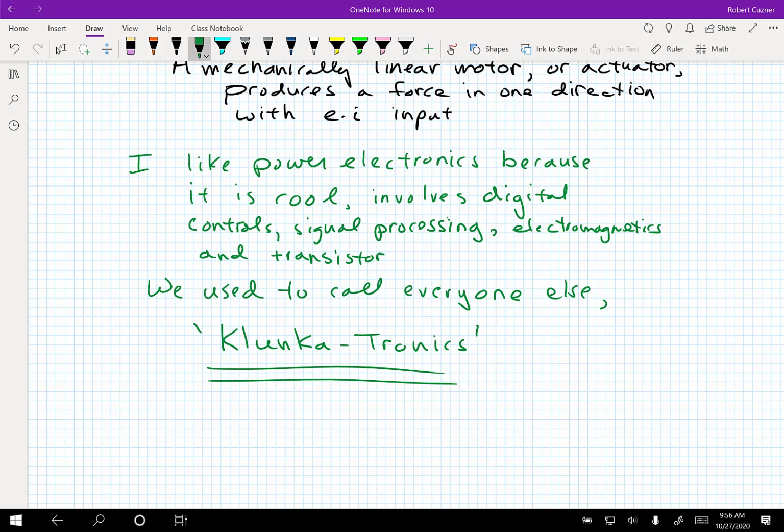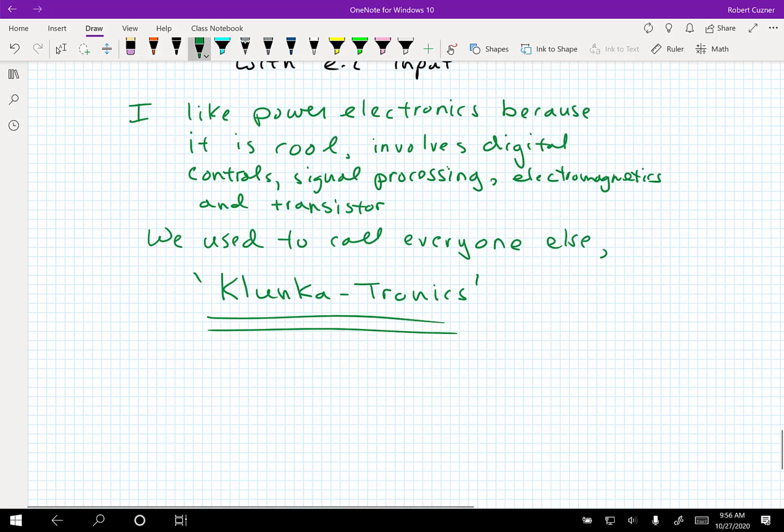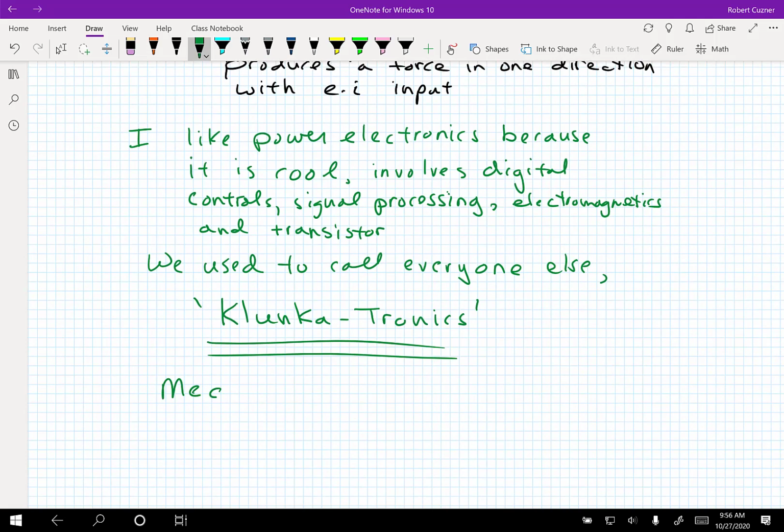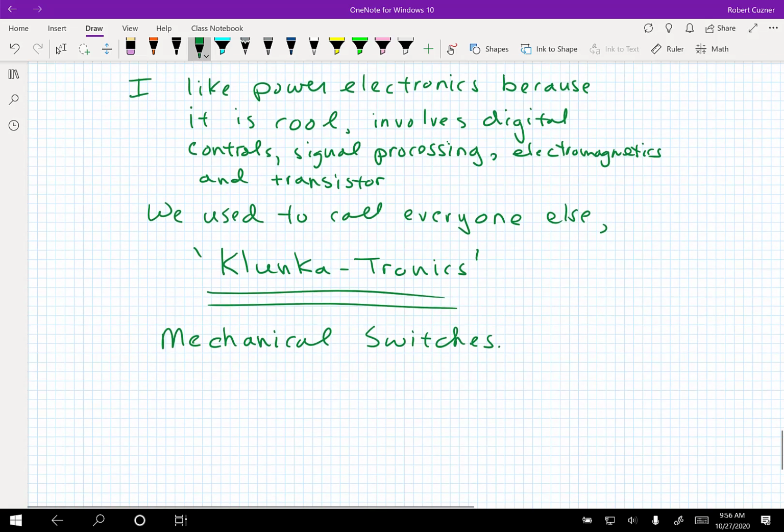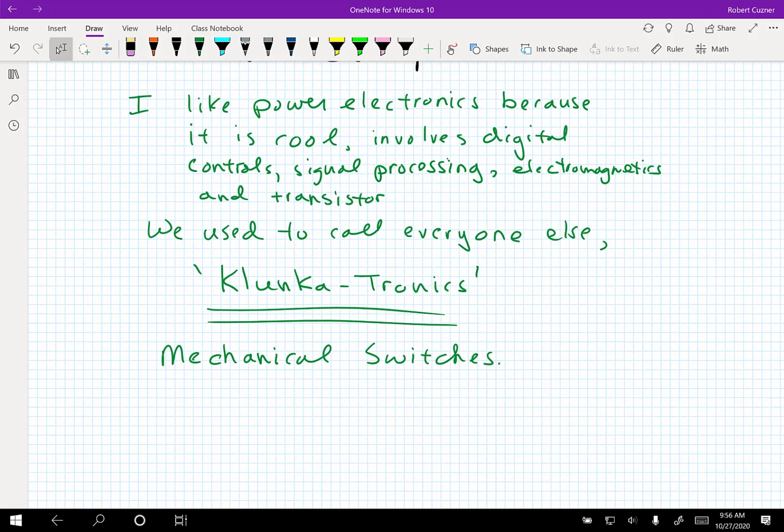So that's basically what? Switches, right? Mechanical. Now I think this stuff is pretty cool too. But I don't mean to be completely derogatory, but I call this a clunkatronic type of problem. Anything that goes clunk when you energize it, that's a linear switch, a clunkatronic.